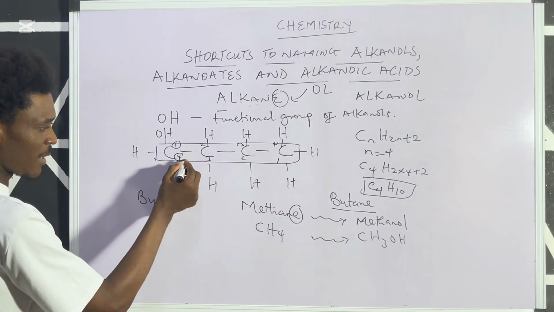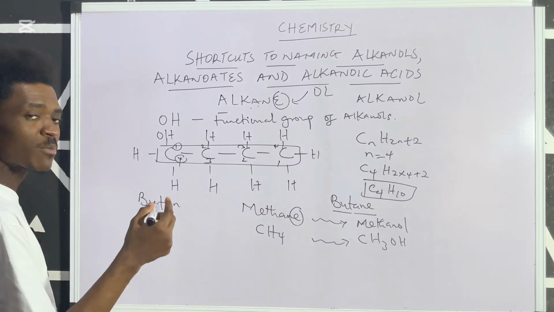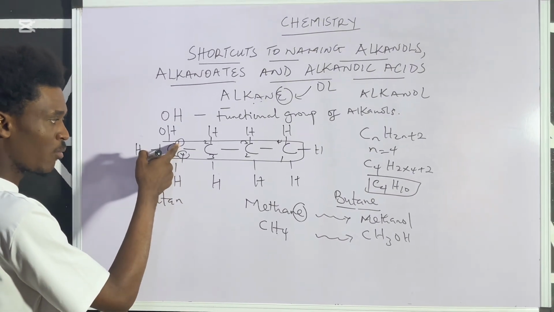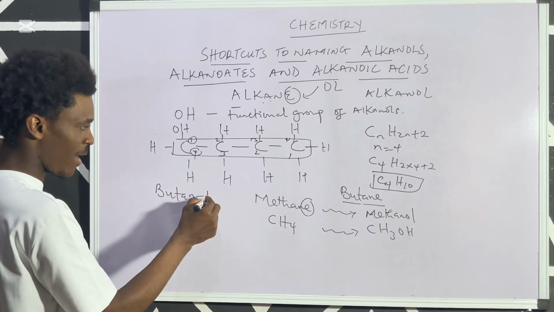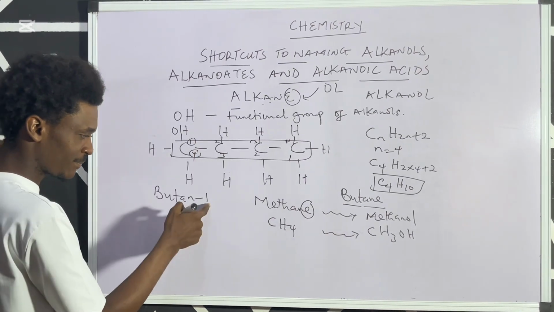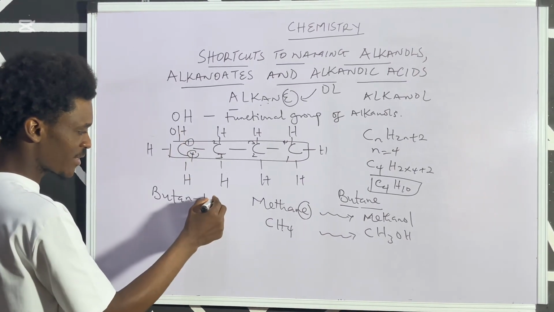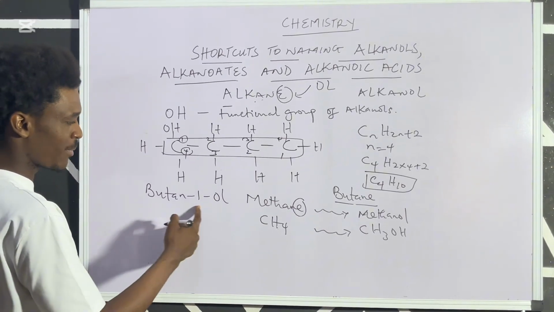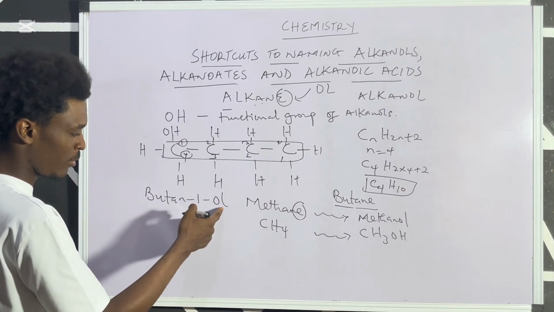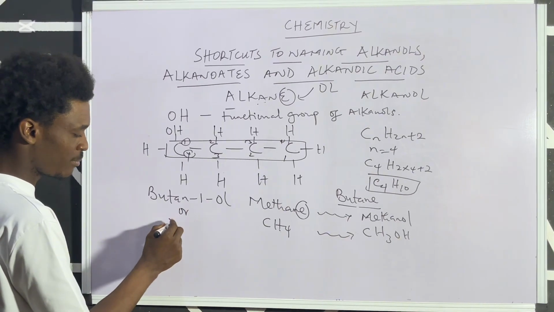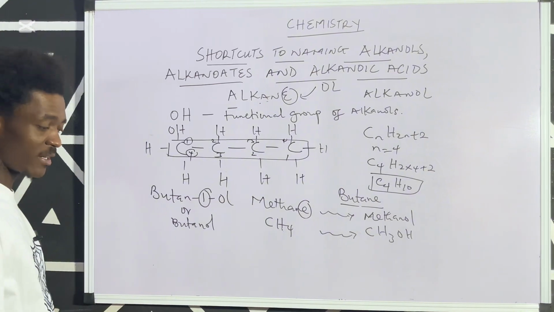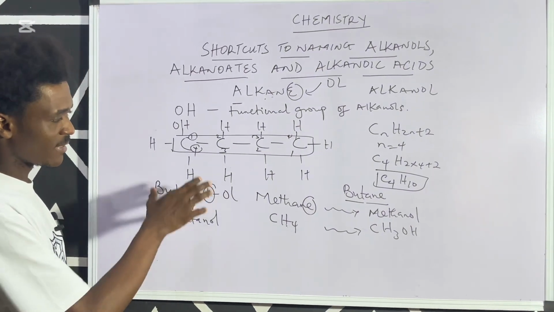Then backward is what? Carbon 4. So you have to go with the smaller value. So in this case, we are going with the forward direction, which is carbon 1. That becomes butan-1. That is this one. And then OH, which is ol. That's the alkanol. Alright. So this compound is called butan-1-ol, or you can just simply call it butanol. Yes, because 1 in this case is insignificant. Alright, so that's the name of that compound.